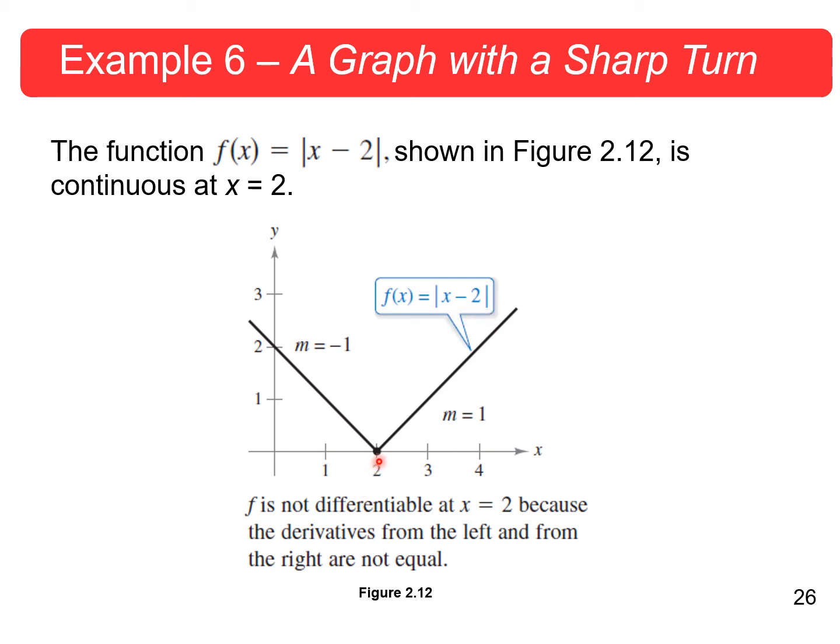Now in here we see that f is not differentiable at x equals 2 because the derivative from the left, the slope from the left, is actually negative 1. And the slope or the derivative from the right of 2 is equal to positive 1. So the derivative from the left and from the right are not equal.